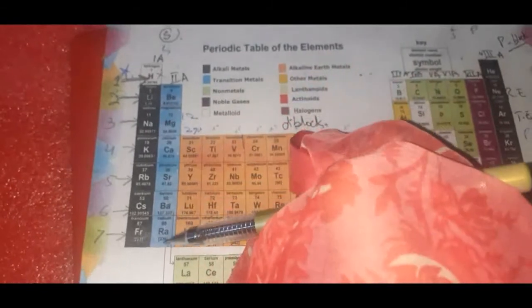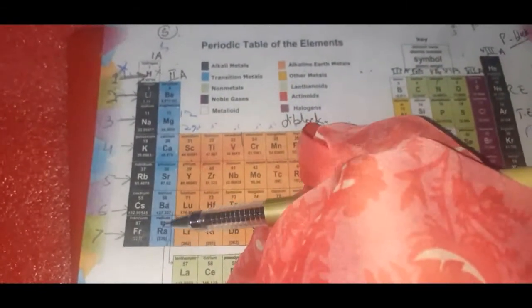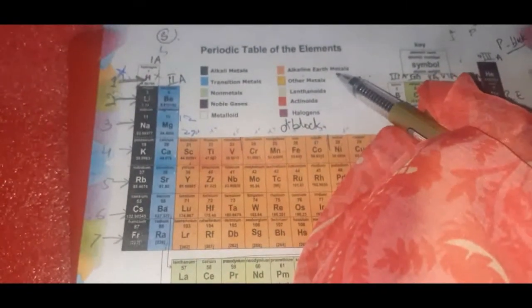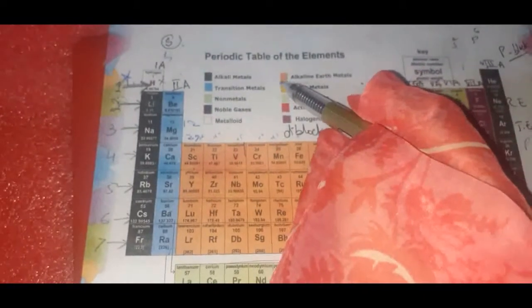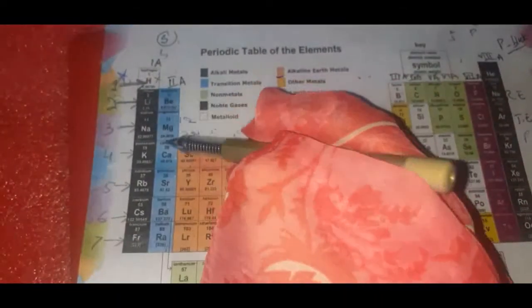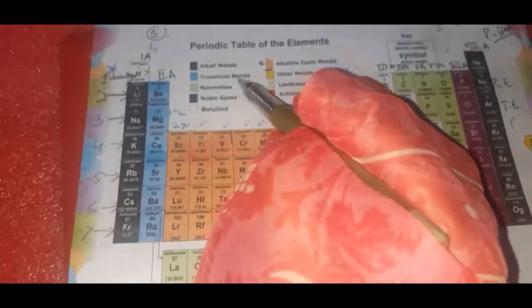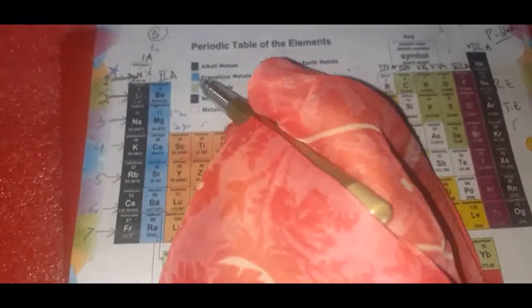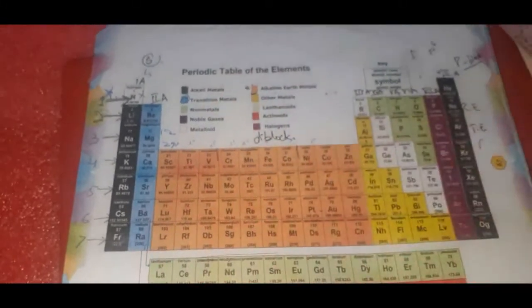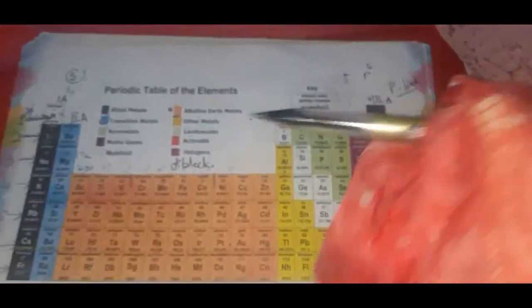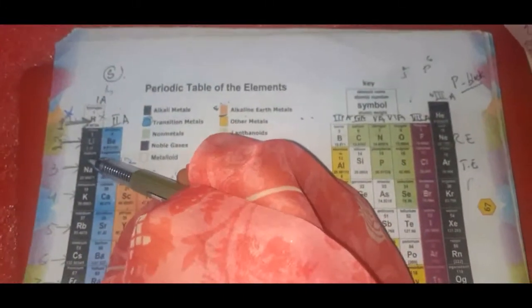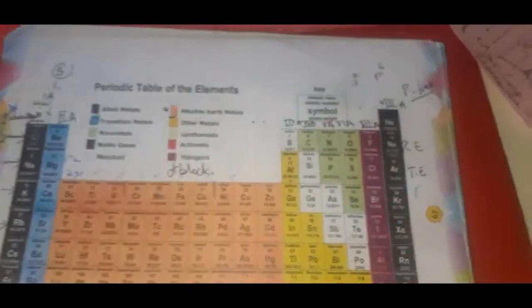Group 2A elements are known as alkaline earth metals. The color is shown as wrong. These are your alkaline earth metals. It's blue, right? And these are your transition metals. Again, the color is shown as wrong. Okay, so these are alkali metals, alkaline earth metals.